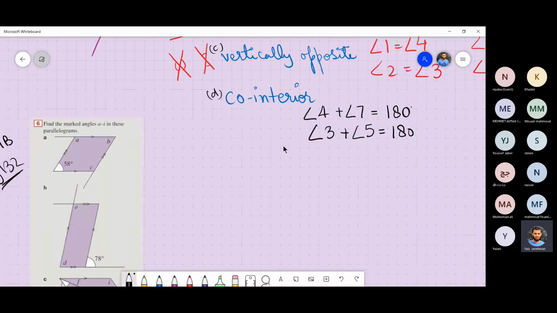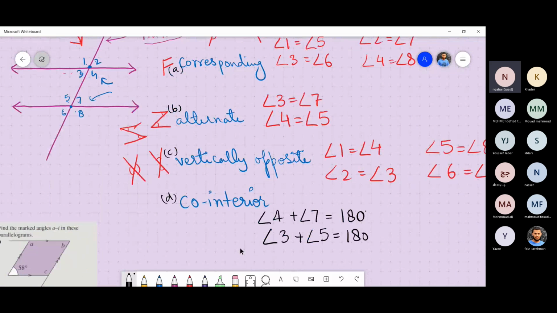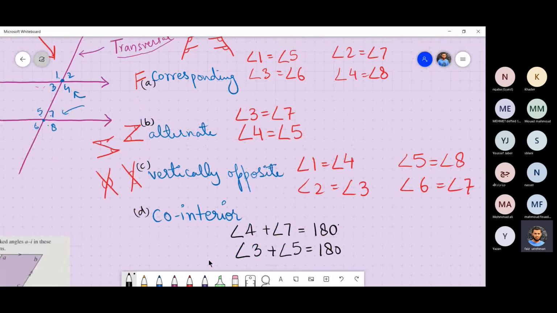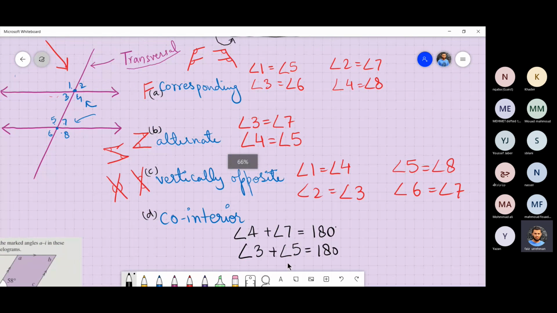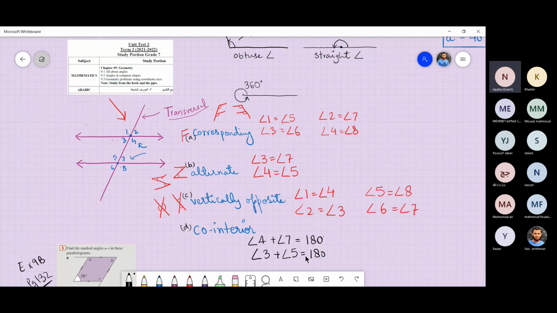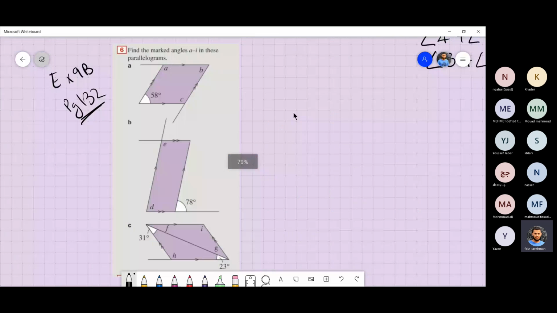Can I proceed now? Yes. Did everyone write these properties and these angles? Yes. Now going back to question number 6A. Find the marked angles A to I in these parallelograms. Okay, let's see the first question, 6A. How many variables are there?